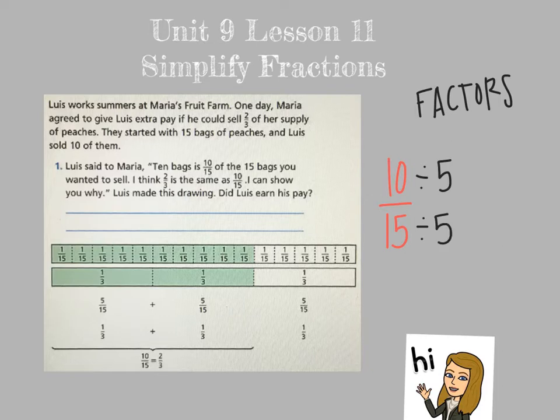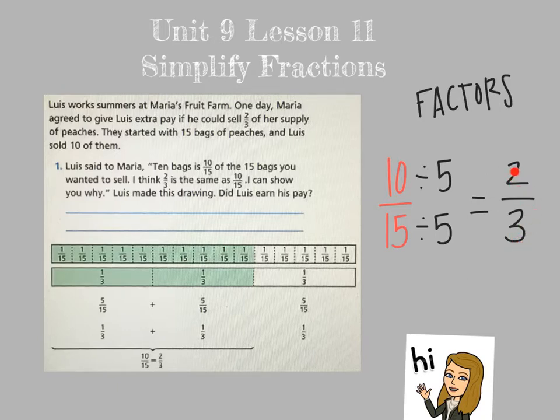We have to treat these fractions fairly, you know. So when you do 10 divided by 5, you get 2, and 15 divided by 5 gives you 3. Remember, same treatment. We had to find a factor that both numbers worked with. 5 worked, and it brought us to the simplified equal fraction of 2/3.